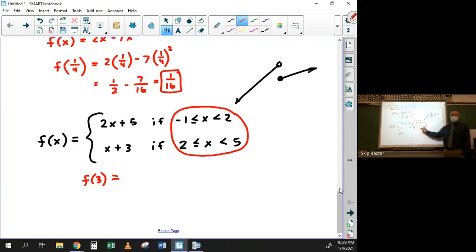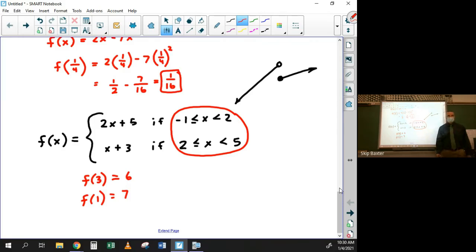It's definitely in the second interval, so on that interval, it's this line. Then you just take 3 and plug it in there. The answer would be 6. But if they asked you to find f of 1, 1 is in the first interval, so you plug 1 in for that x value. You get 2 plus 5, so the answer would be 7.